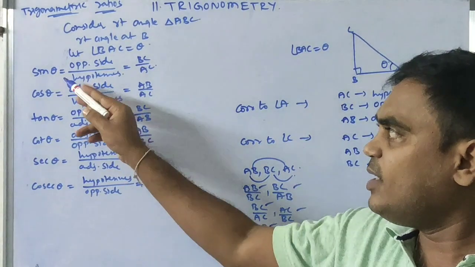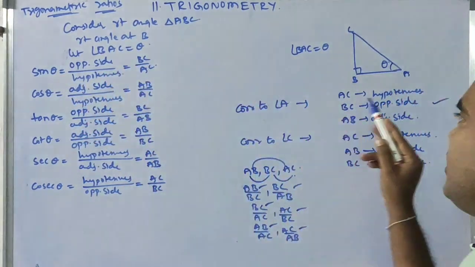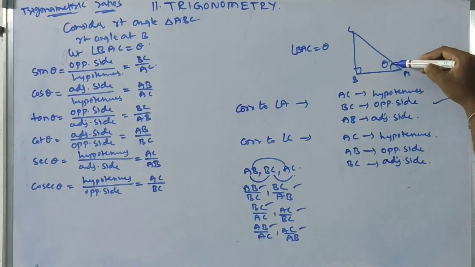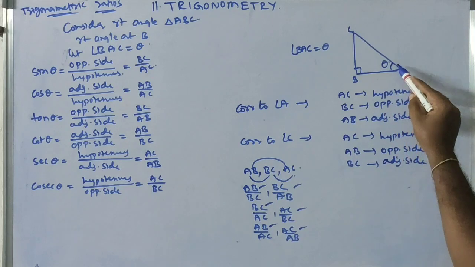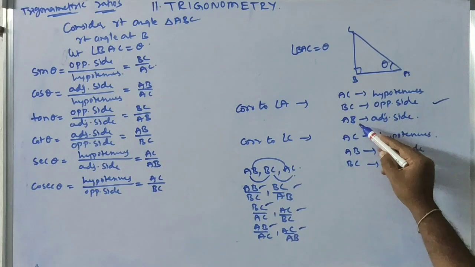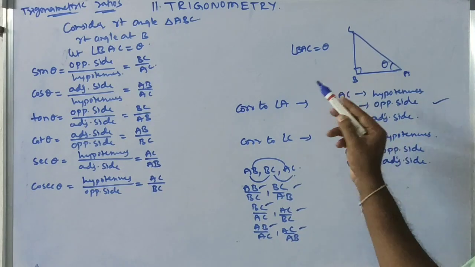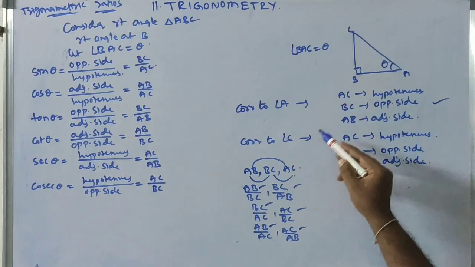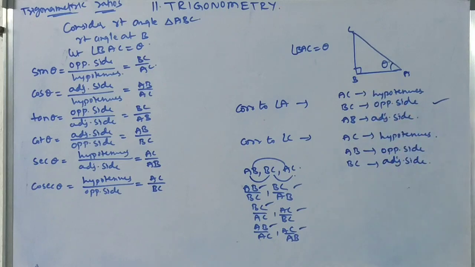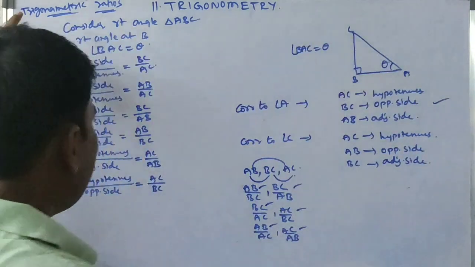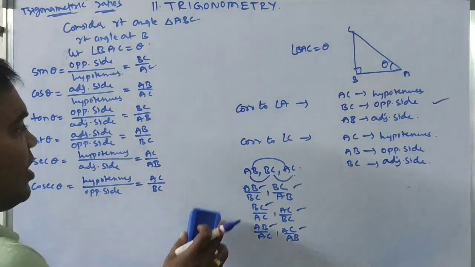Here theta equals angle BAC. Corresponding to angle A, opposite is BC and adjacent side is AB. The hypotenuse is always the same, that is AC. Next, these 6 are called trigonometric ratios.